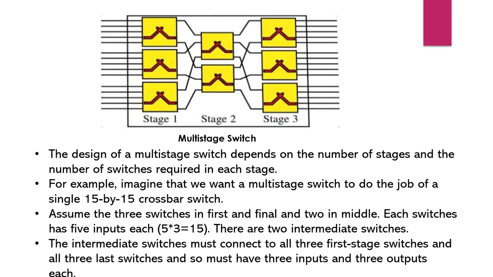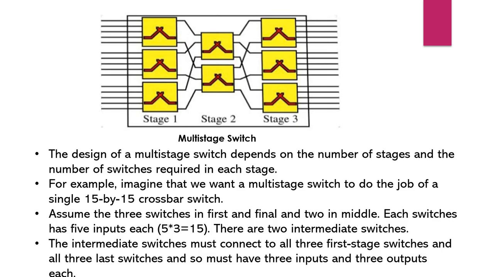The design of a multi-stage switch depends on the number of stages and the number of switches required in each stage. For example, imagine that we want a multi-stage switch to do the job of a single 15 by 15 crossbar switch. Assume three switches in the first and final stages and two in the middle.